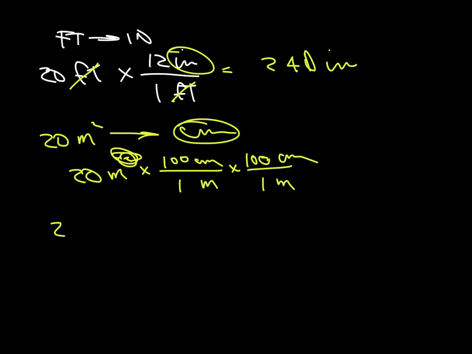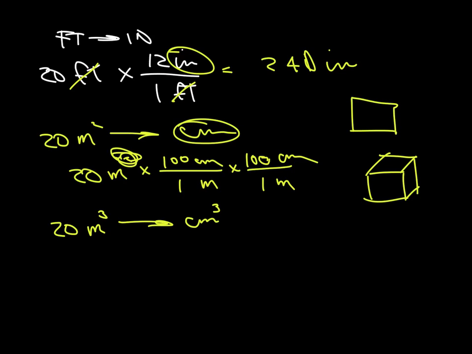You also learned that if you had 20 cubic meters and you wanted to change it to cubic centimeters, now a cube is something that has 3 dimensions, whereas a square was like a piece of land looking down, and you knew 1 dimension here and 1 dimension there, so it's 2-dimensional, length times width, whereas a cube is length times width times height, and that's what we're doing right here.